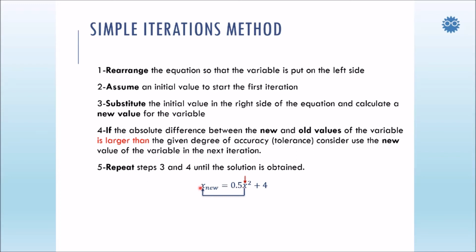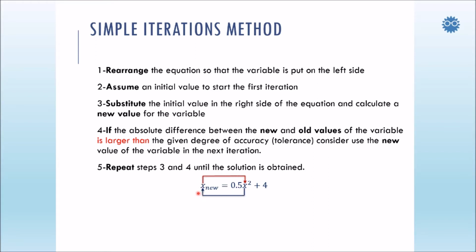We compare these two values to each other to see if they're approaching each other. If they are not close enough according to the degree of accuracy we assumed, then we should take another trial. In the next trial, the value of x new will go to the right side, and so on.